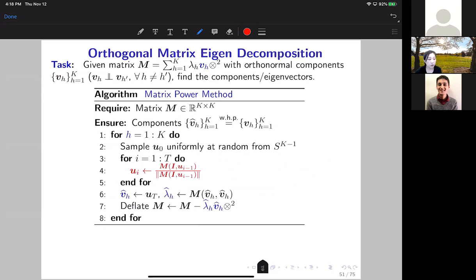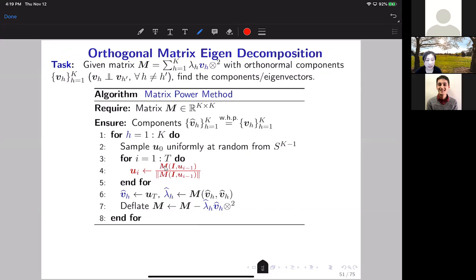You're doing a for loop, h from 1 to k. For each iteration of the for loop, you're going to find the leading eigenvector. So how do you do that? Using the power method. For i from 1 to t, this basically means that you do t steps of the power method.